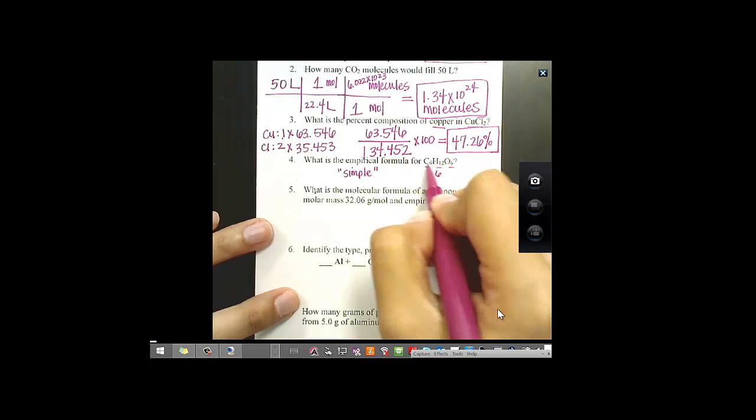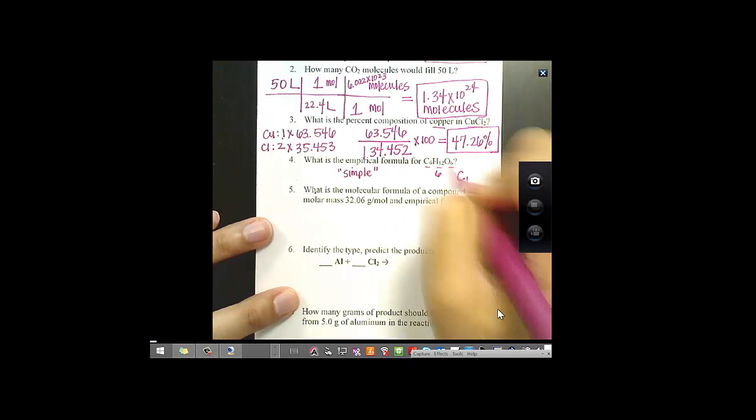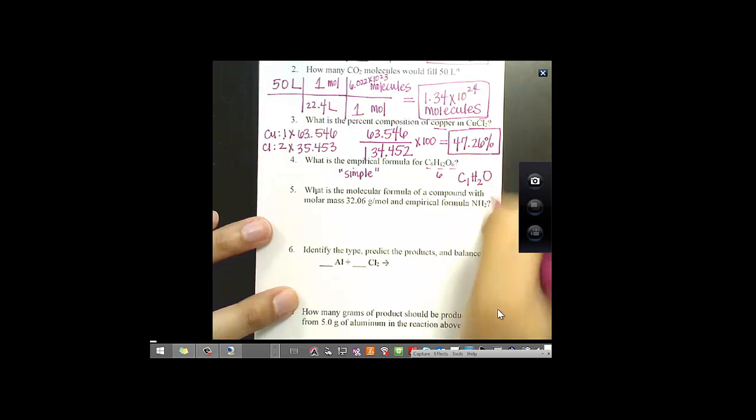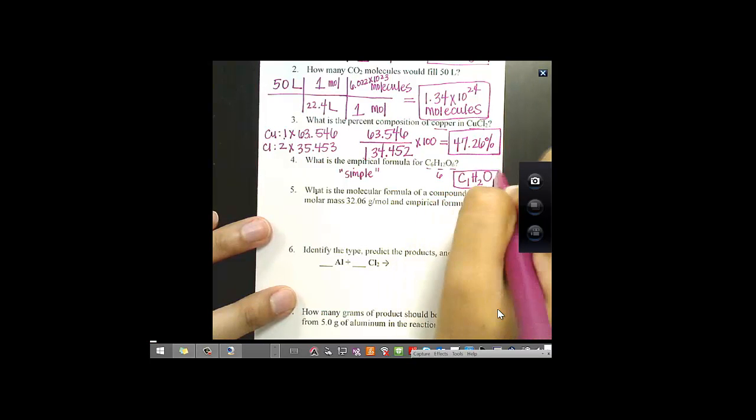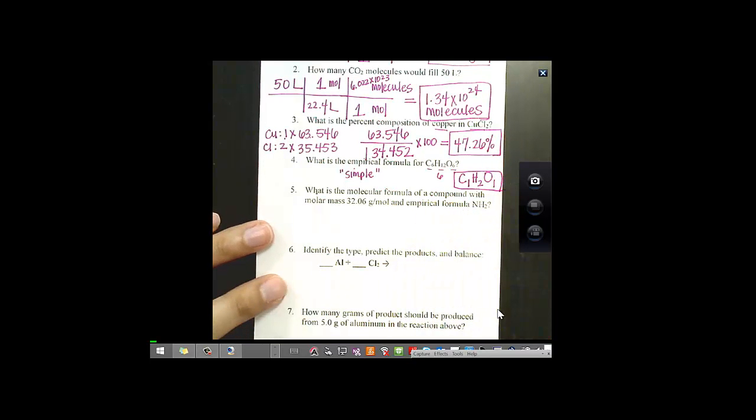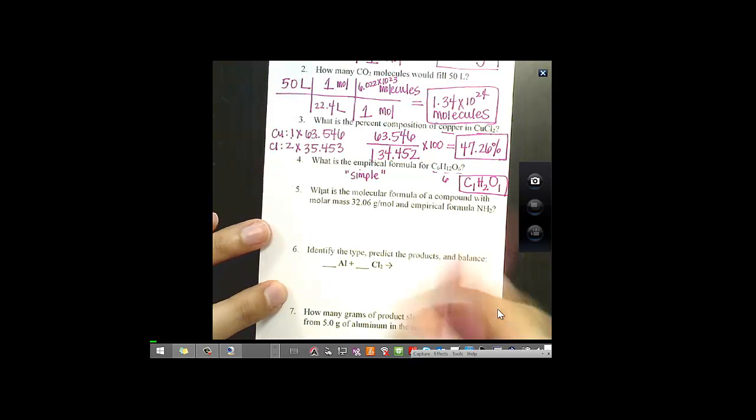And if I divide them all by 6, C6 divided by 6 is just C1. H12 divided by 6 is H2. And O6 divided by 6 is just 1. You do not have to include the ones. That's just so you can see that. Okay. So the empirical formula is the simplified version.